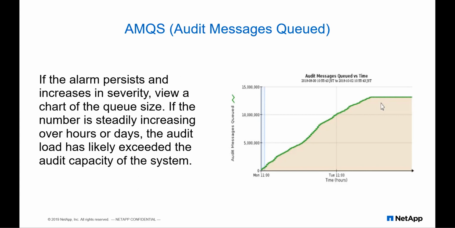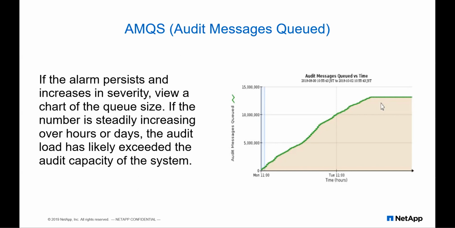However, if that StorageGRID node with an ADC service is down, this message will queue up on the node that's generating it. In this example, I'm not sure how clear it is, but there are 2 blue lines on the left there, which indicate an unknown status. The moment that happened, these queues built up on this node, and they gradually grew over the next day and a half until they plateaued at 13 million.